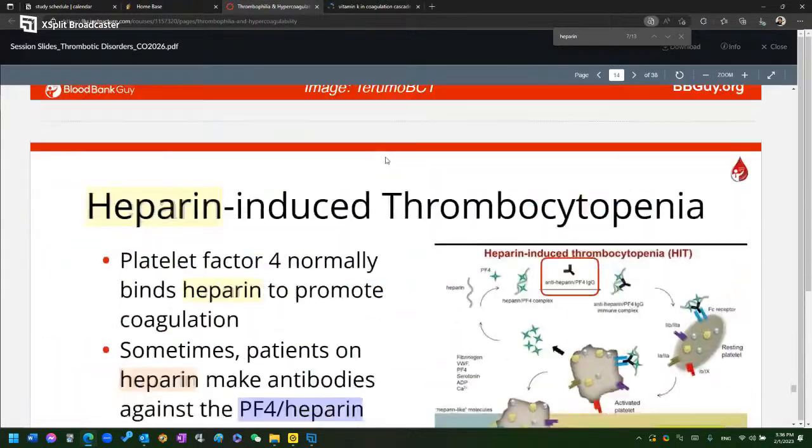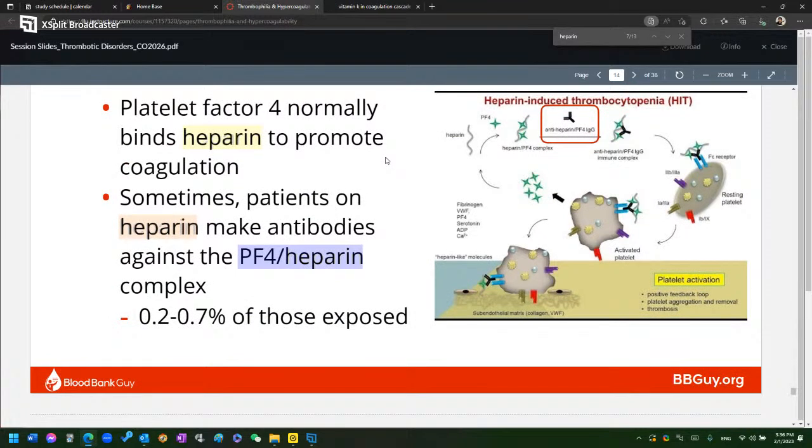You give heparin to patients because it's an anticoagulant, but then if they have an antibody that's very specific, then that complex is actually going to promote coagulation instead. Somehow. I'm not entirely sure how.